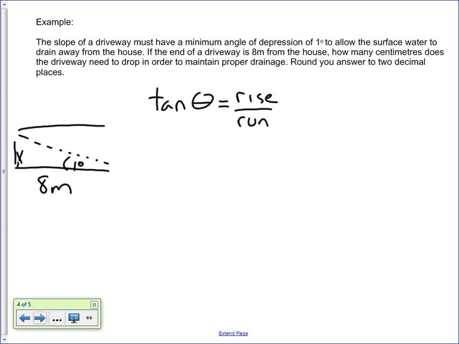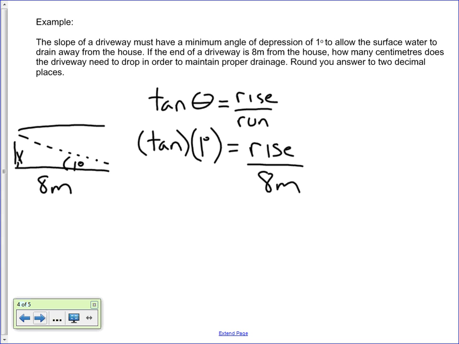Now in this case, I'm given the angle. So to calculate it, on my calculator I press the tangent and I press 1, because that's representative of that angle, and that's equal to the rise over the actual run itself, which is 8 meters. Now I'm just doing some very simple algebra.